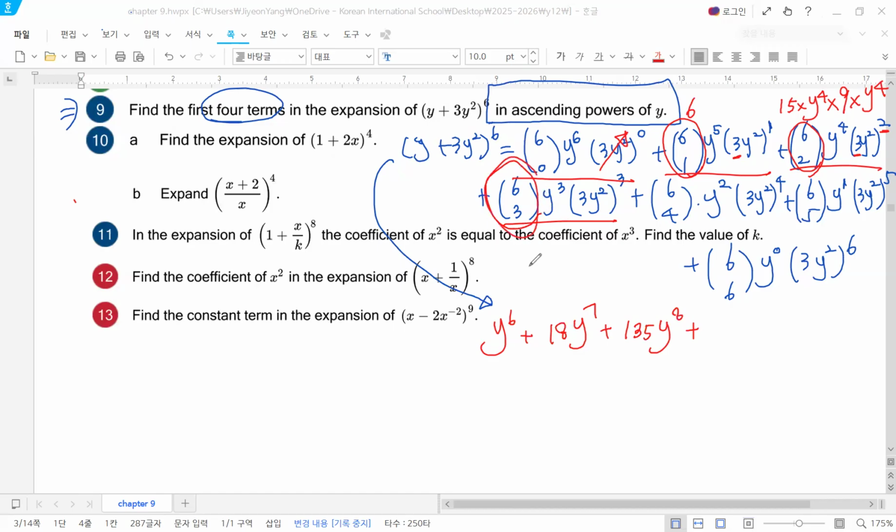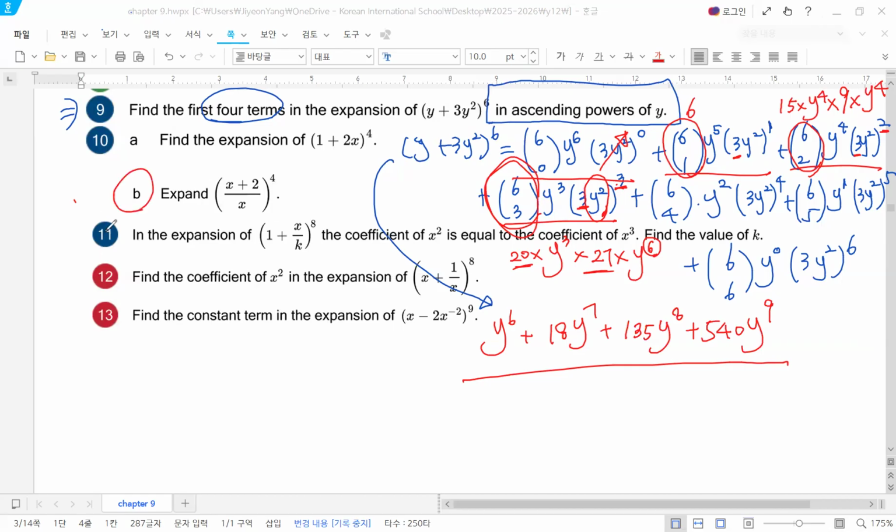What is 6C3, students? 20 times y cubed times 3 cubed, which is 27, times y squared cubed. What is the power here? 6. So multiplying out these two numbers makes 540 y to the power of 9. This is the answer. Do you understand?